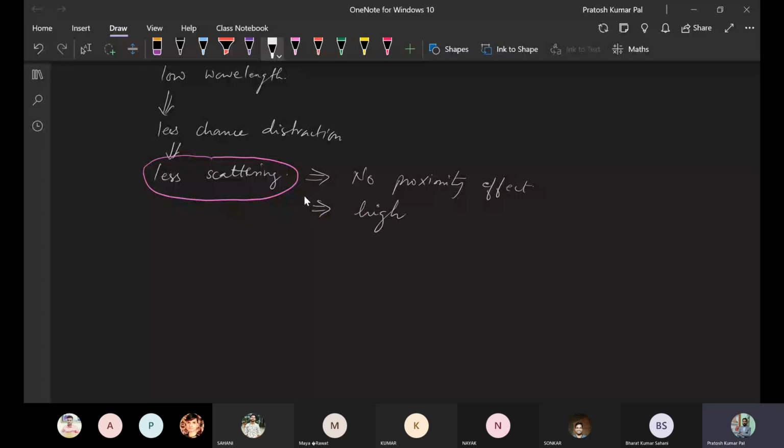And in case of electron beam lithography, there is a chance that the sensitivity was less. But in case of ion beam lithography, the resists that we will be using are more sensitive to ions than to electrons. So the resists are more sensitive to ions than electrons.